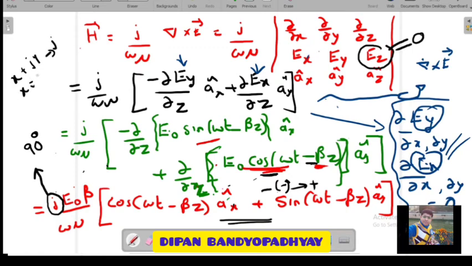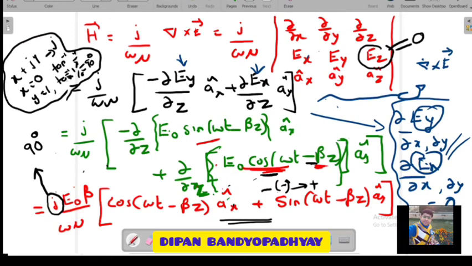So the x value is 0, the y value is 1, and tan inverse of y by x is tan inverse of 1 by 0, which is tan inverse infinity, and this gives 90 degrees. So j is basically giving a phase shift of 90 degrees only.